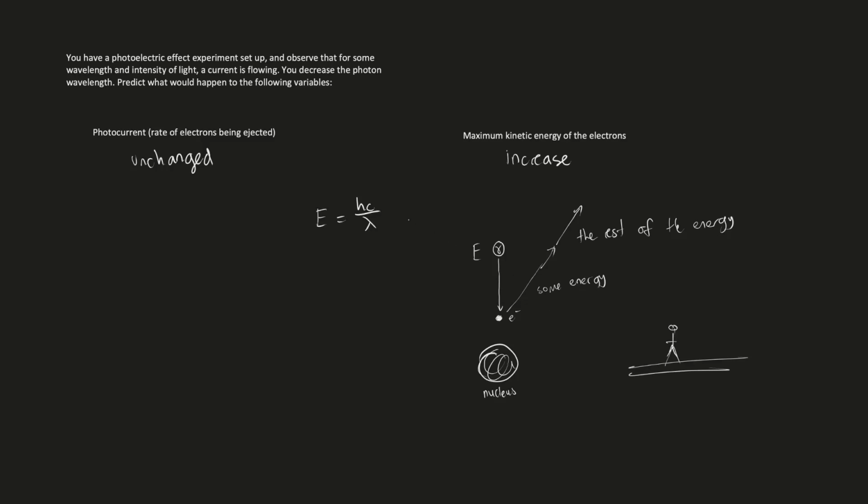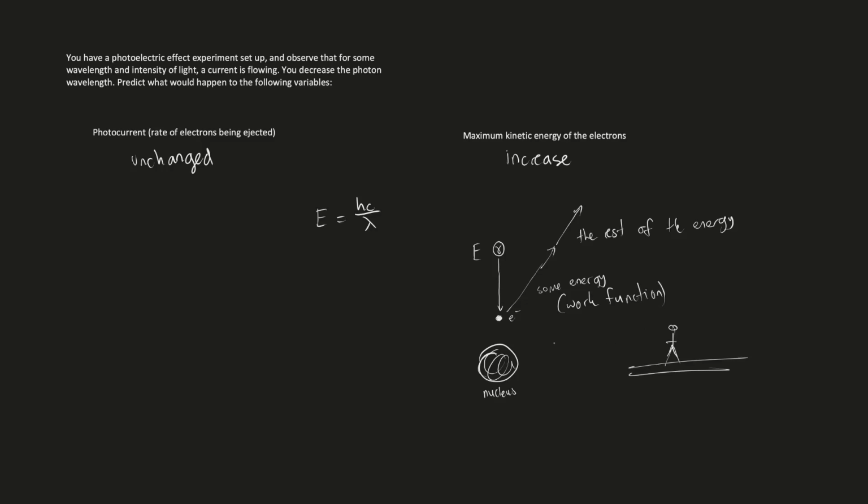So let's consider what we've actually done here. By decreasing the wavelength, we've given the photon more energy. So regardless of how much energy we have, the electron is always going to require some base amount of energy. We actually call this the work function, and there'll be a whole video discussing the mathematical representation of the photoelectric effect soon.